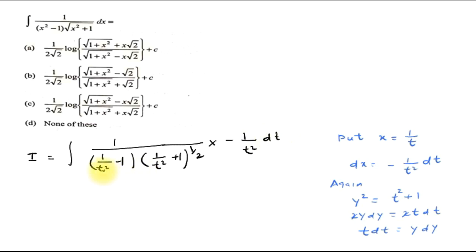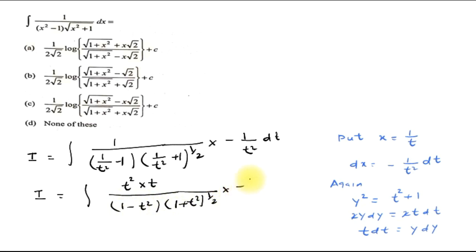Now here we take LCM and the denominator becomes 1 minus t square, here the denominator becomes 1 plus t square, with t square in the square root. So after rearranging we can write I is equal to t square into t divided by 1 minus t square into 1 plus t square to the power half into minus 1 over t square dt.